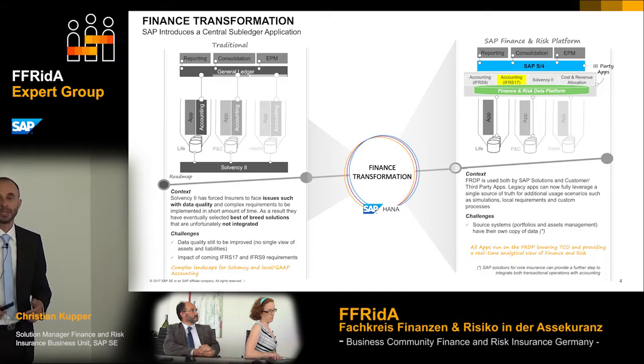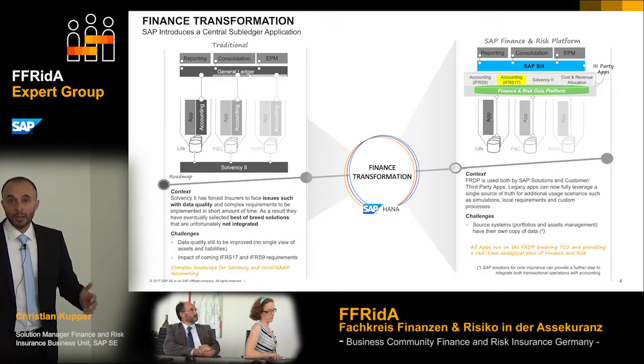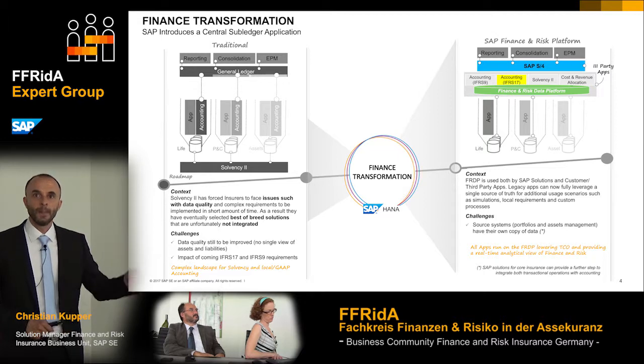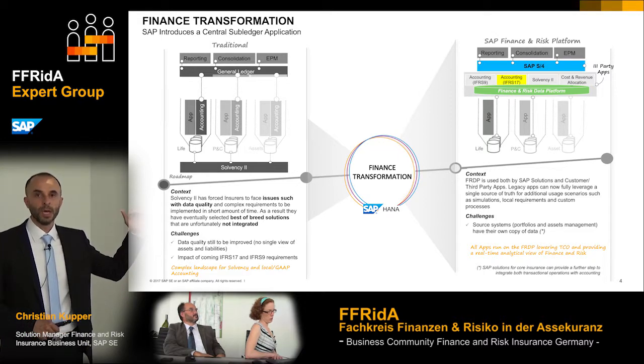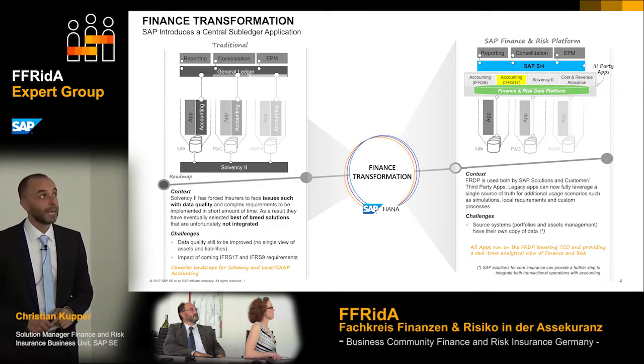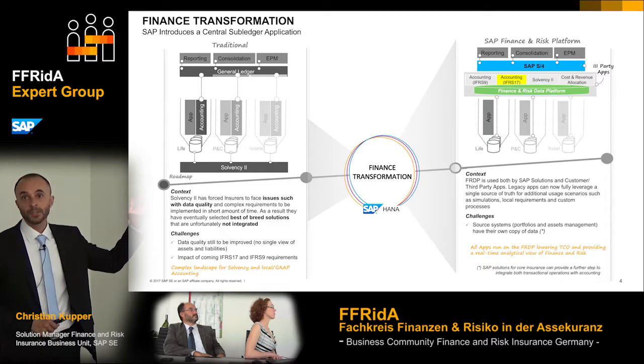Many of the clients have 50, 100, or even 200 policy systems in place. So it would not be wise to teach all these systems how to do IFRS 17. Now we say, you do not need to touch your systems. We introduce this central platform layer that interfaces the GL.